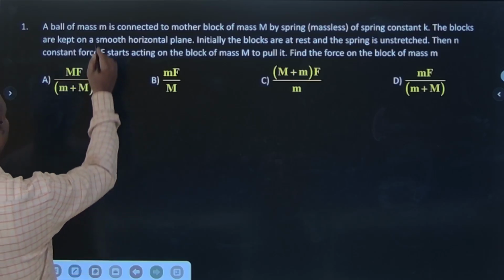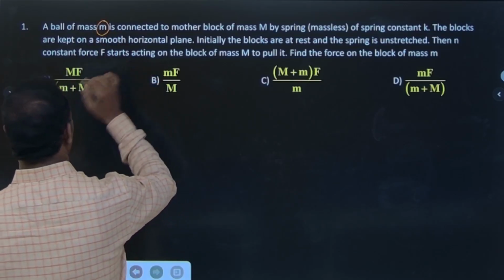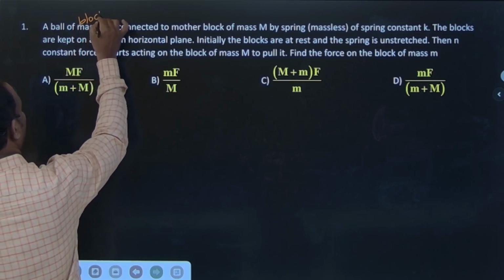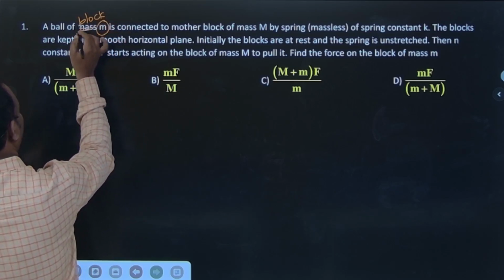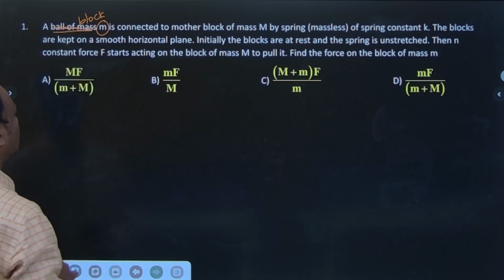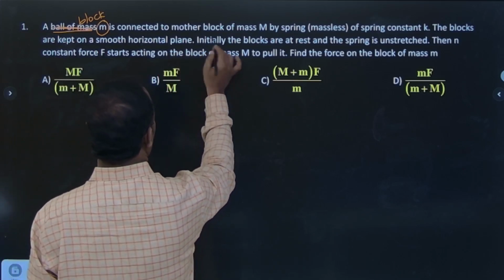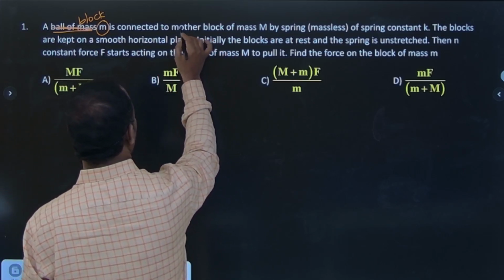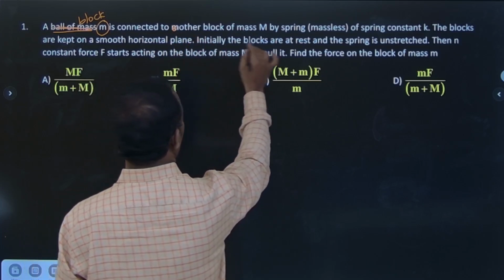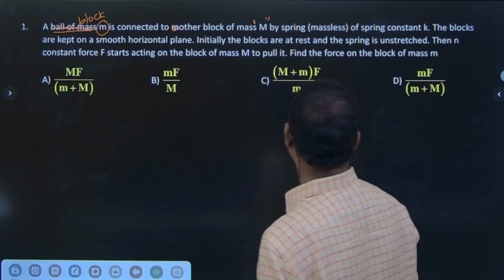A block of mass m is connected to another block of mass capital M by a massless spring.